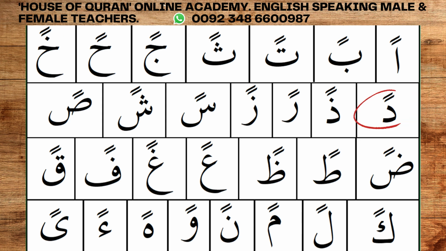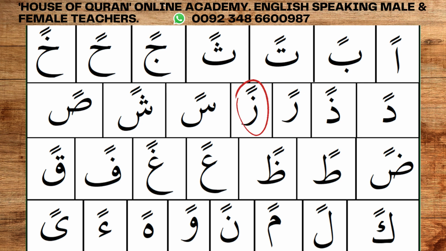Next line, we have a d sound with an "an" on top. That reads dan. A th with an "an" on top is than. A r with an "an" on top makes ran.